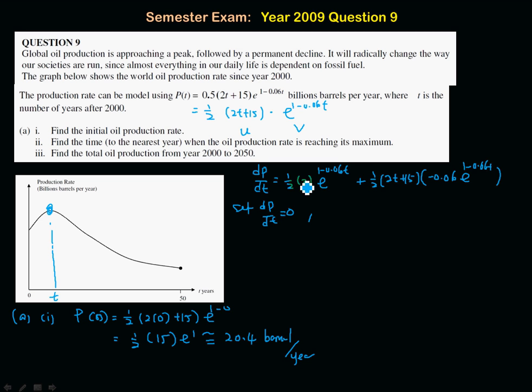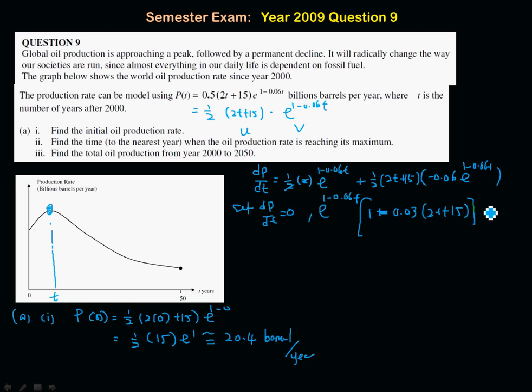There's a common factor of this exponential, so I can factorize it out: e to the power 1 minus 0.06t. This term here gives you 1, and if you do the calculation carefully, you get negative 0.03, and 2t plus 15, and that's it.